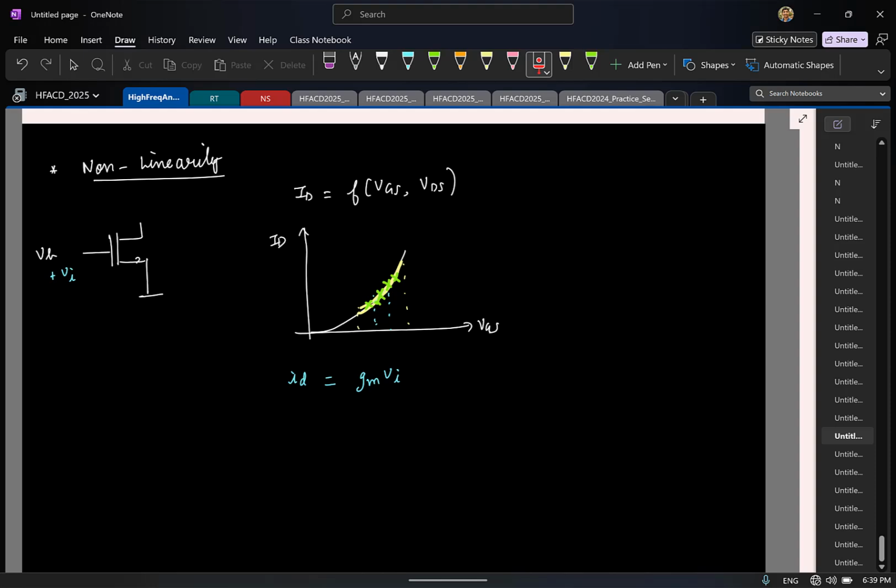Which means I can no longer write the drain current as a constant times the input, because this gm itself is a function of the input. Make sense? So of course now you can use your favorite power series expansion. So you can expand it in polynomials of Vi. So you might get something like gm1 times Vi plus gm2 times Vi square.